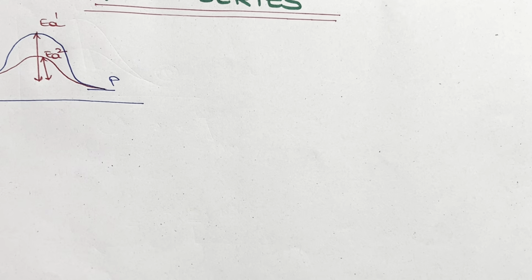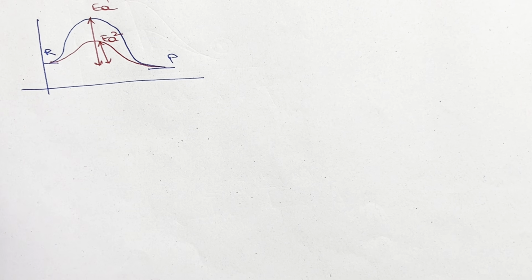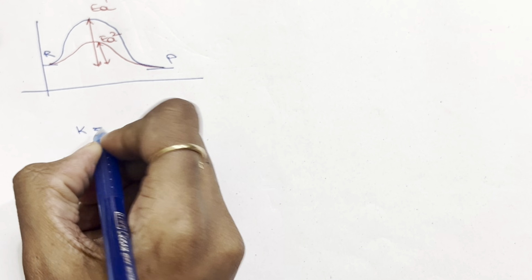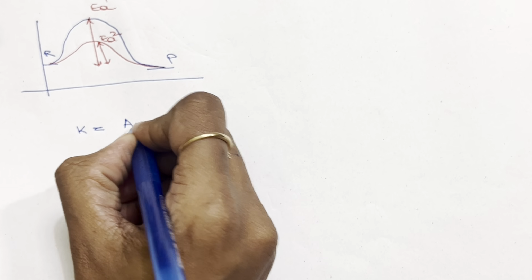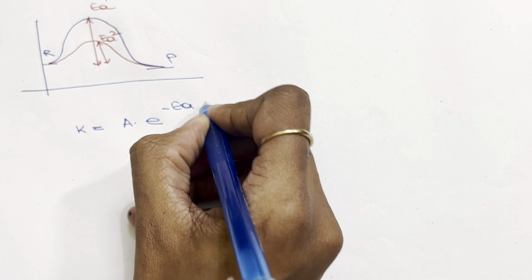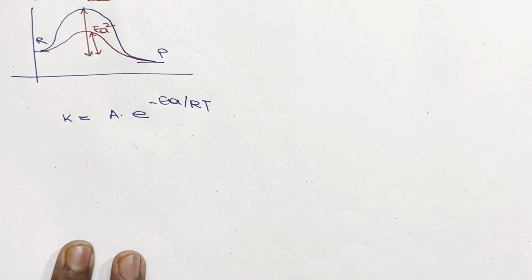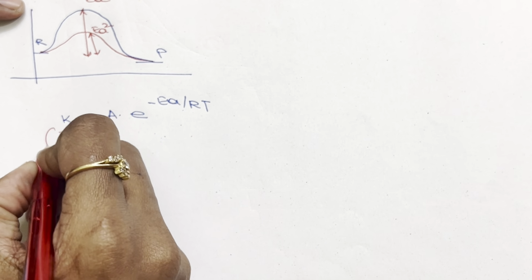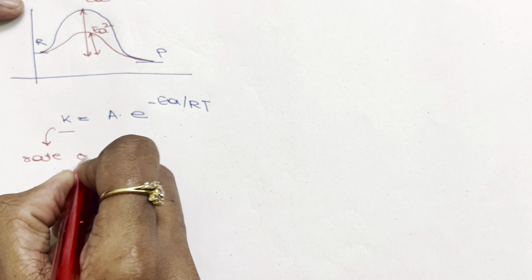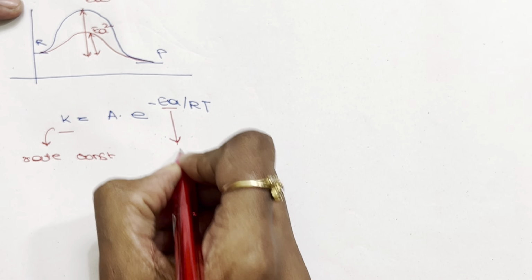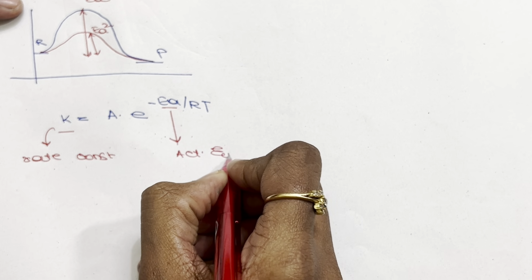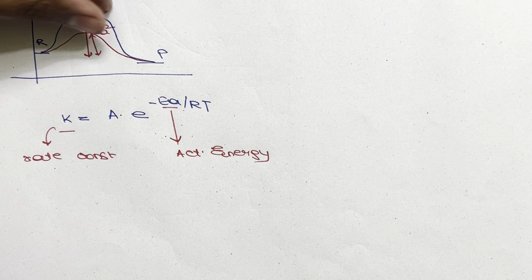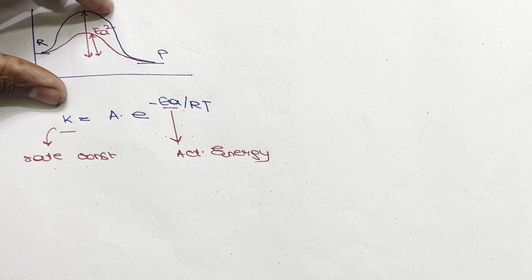When we write the Arrhenius equation, we have k = A e^(-Ea/RT). Here k is the rate constant, and Ea is the activation energy. Now we know that whenever the activation energy changes, the rate constant also changes.